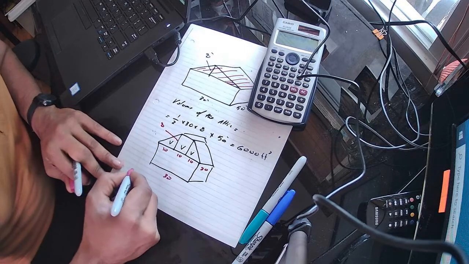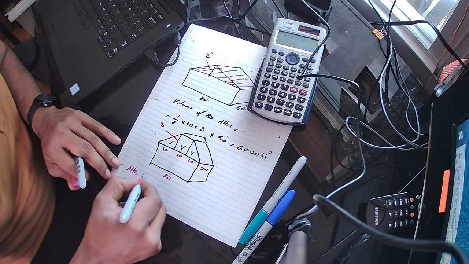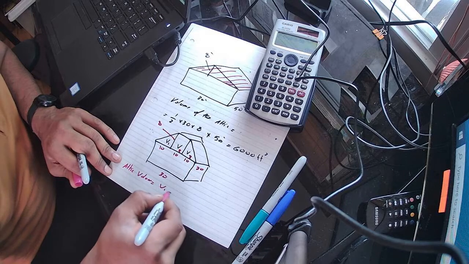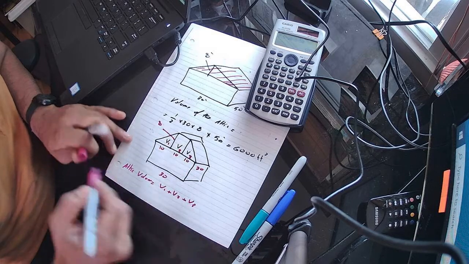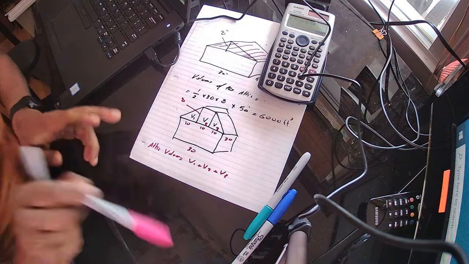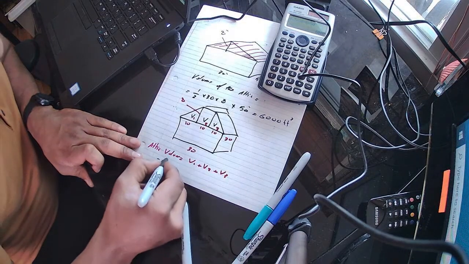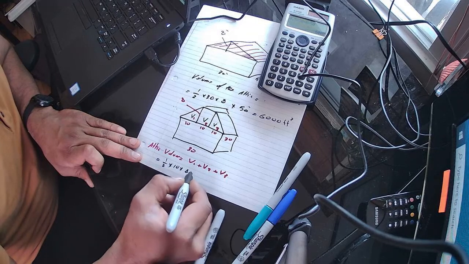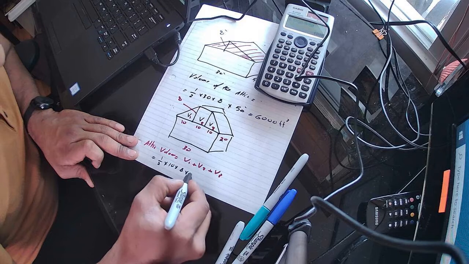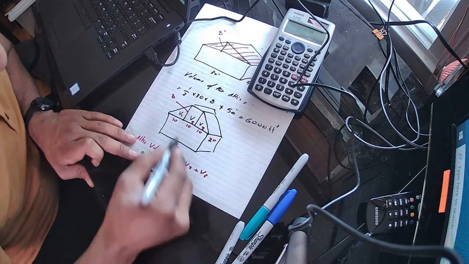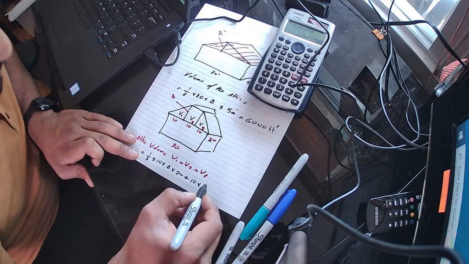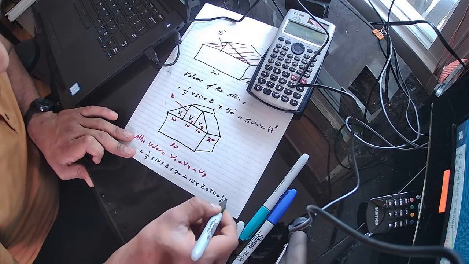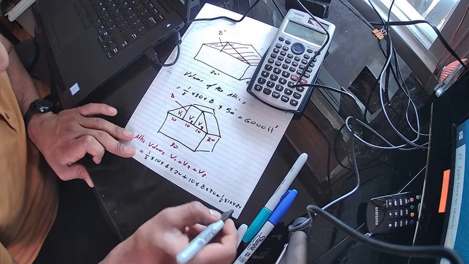So the volume equals V1 plus V2 plus V3. Just to be elaborate, that will equal half times 10 times 8 times 20, plus 10 times 8 times 20, plus half times 10 times 8 times 20.